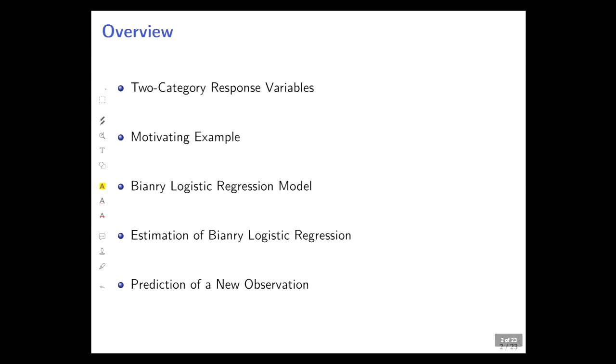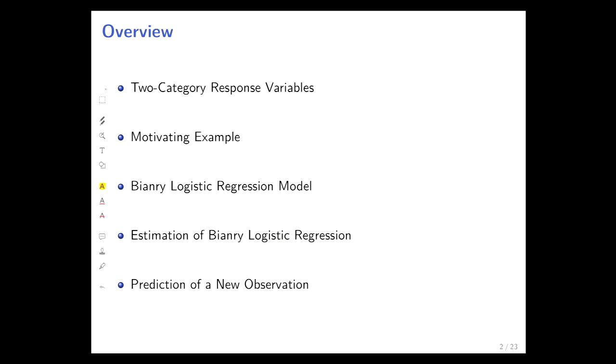And this is the outline of this topic. So in this topic, we are going to talk about what's the meaning for this 2-category response variable, and also we are going to give an example to motivate us to consider a new modeling instead of the classical multiple linear regression model. And then we are going to introduce this new model, which is called binary logistic regression model. And usually after we talk about a model, we are going to talk about estimation.